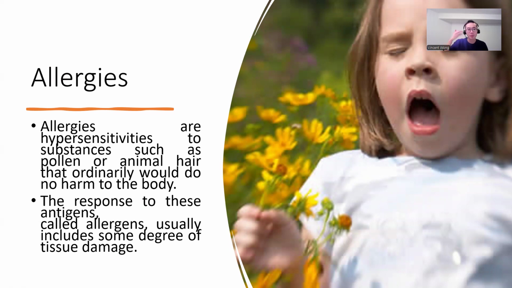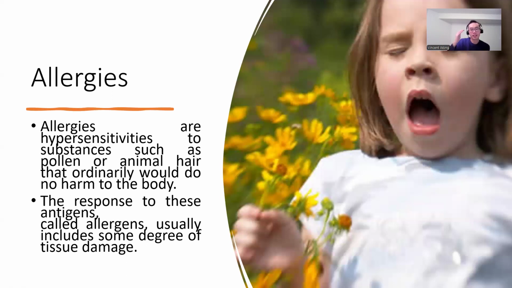But some people are hypersensitive to it, so it causes watery eyes and runny nose and all those unpleasant symptoms that are associated with allergies. You can be allergic to a wide range of stuff, okay? Pollens, animal hair, certain kinds of food, right? All these kinds of allergies.